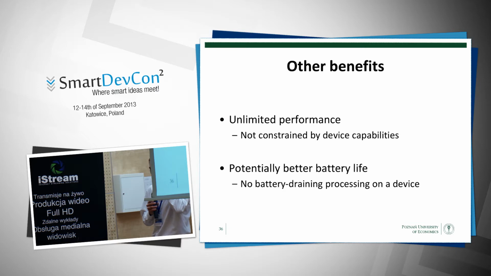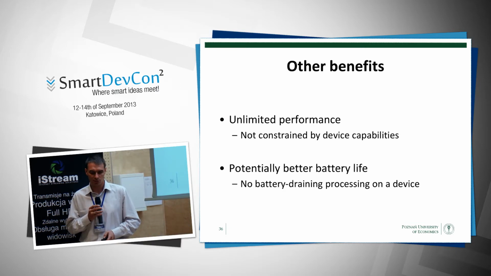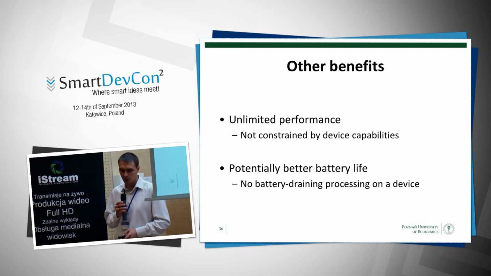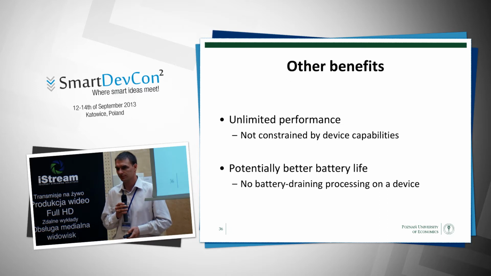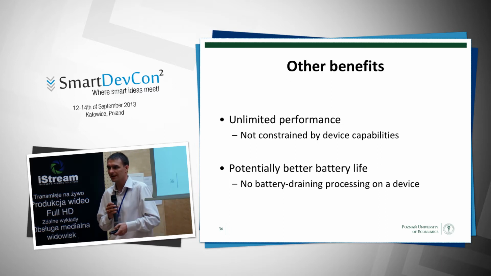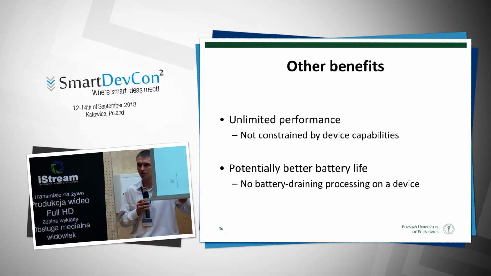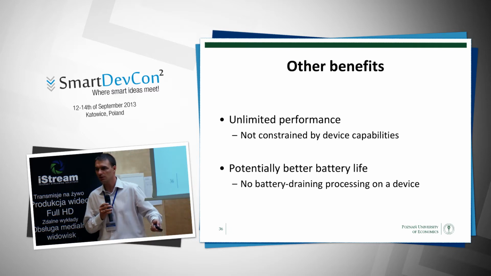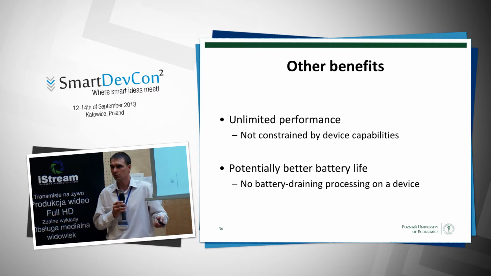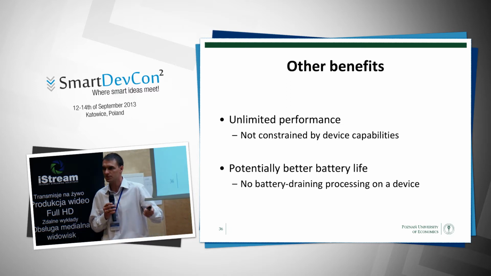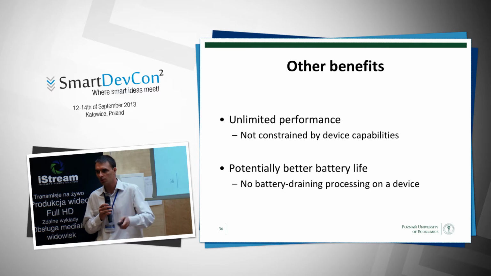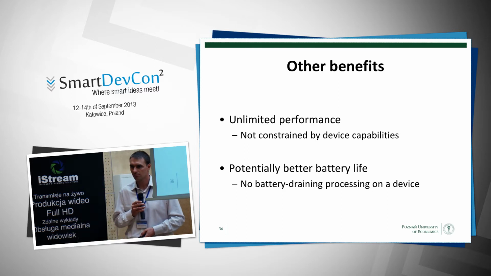Other benefits that can come with this architecture, and we are analyzing them right now, is unlimited performance, because of the fact that you are executing your application outside on some scalable cloud. It's up to the cloud to scale the performance of your application. You can put as many nodes as you want, and it won't affect the application on the device, the functionality on the device.